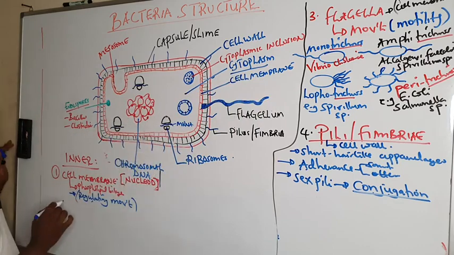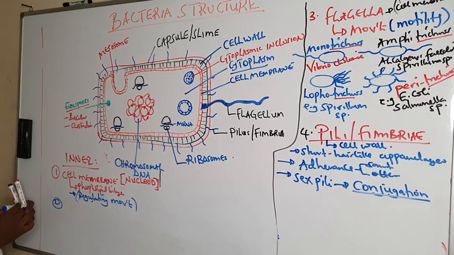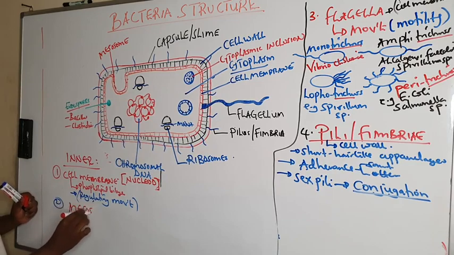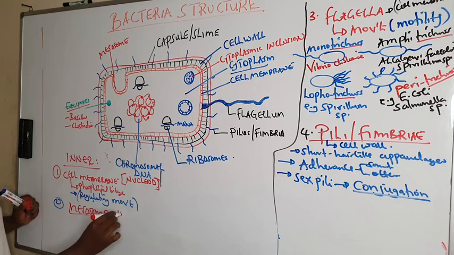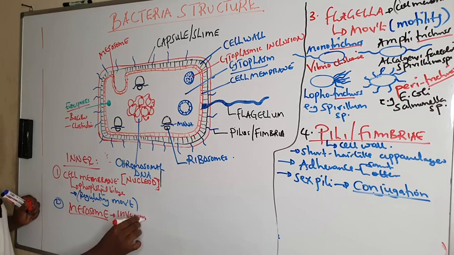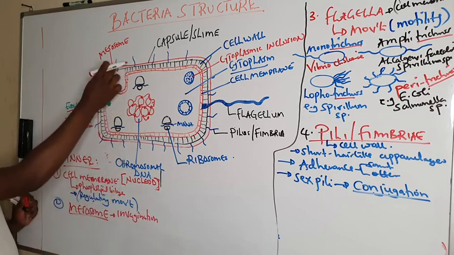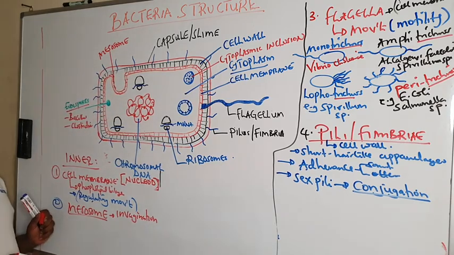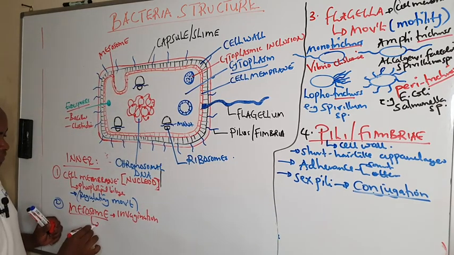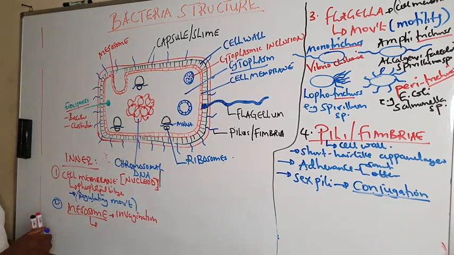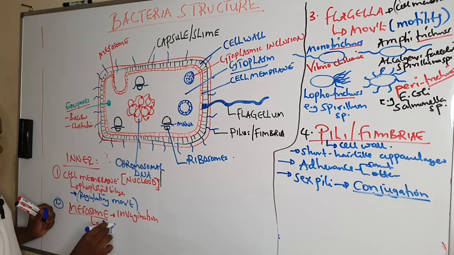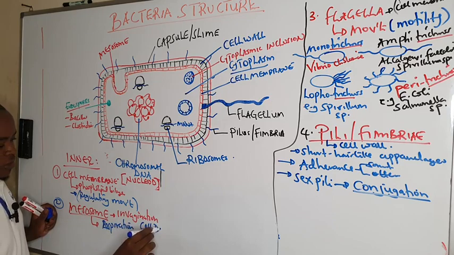After looking at the cell membrane, number 2, we can talk about the mesosome. This mesosome is an invagination which is found on the cell membrane. This invagination enables different functions like respiration of the bacteria, and it enables cell division, that is by binary fission.